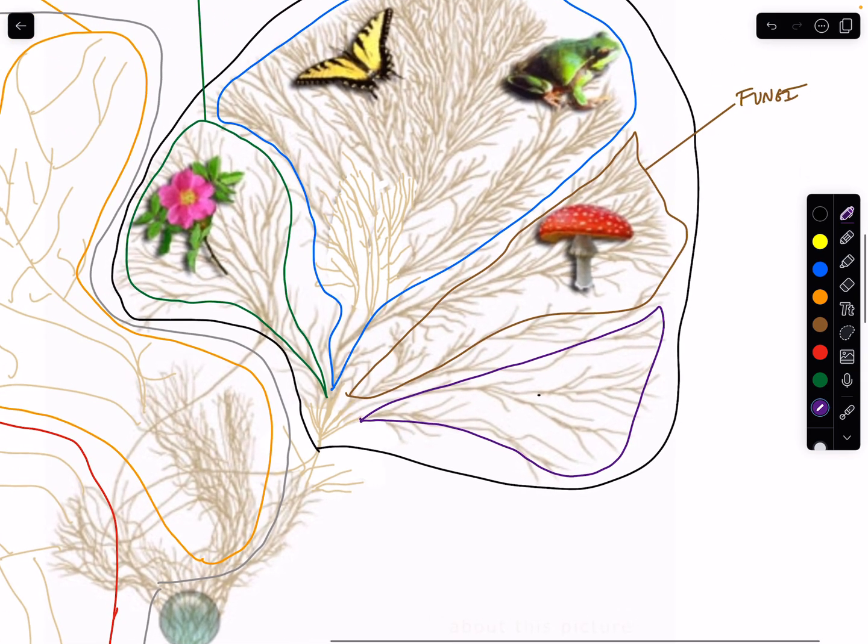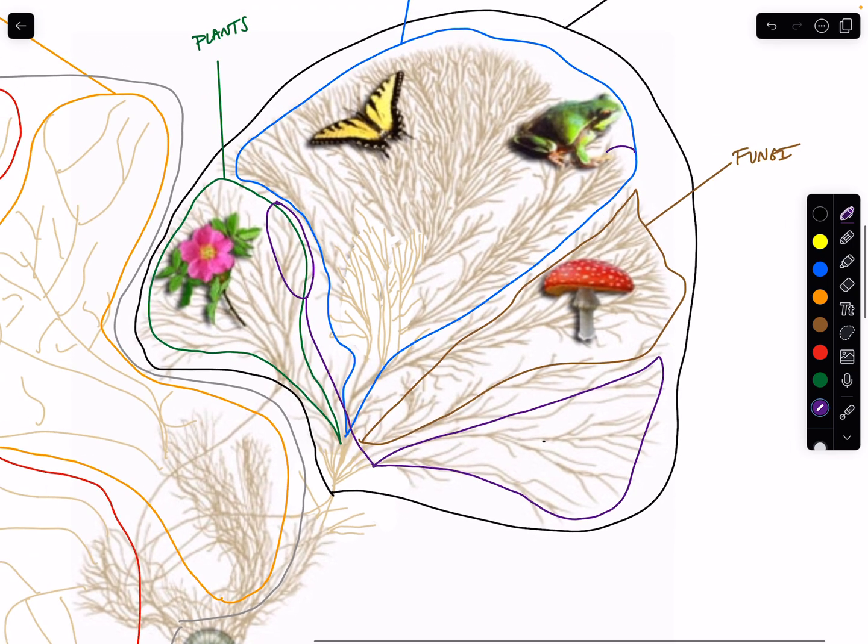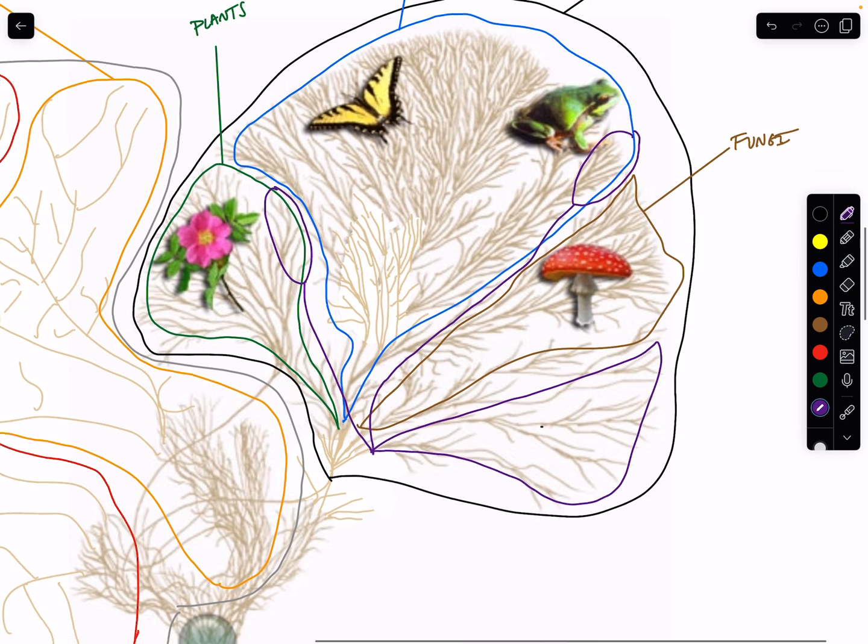There are some organisms in this group that are actually more closely related to plants. So like, for example, algae. We call them protists, but they're more closely related to modern day plants. They're actually the most common ancestor of modern day plants. And amoebas are examples of organisms that are more closely related to animals.